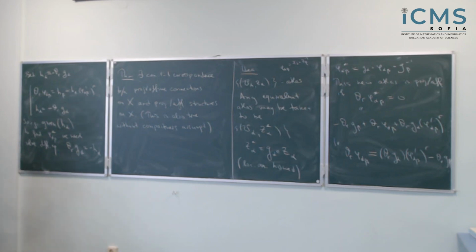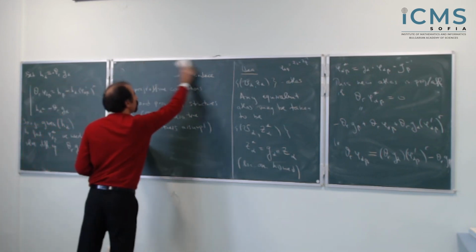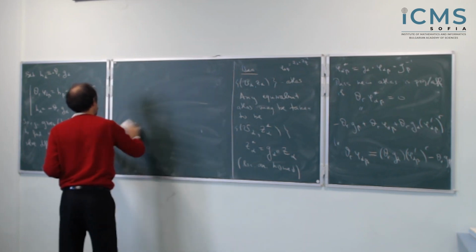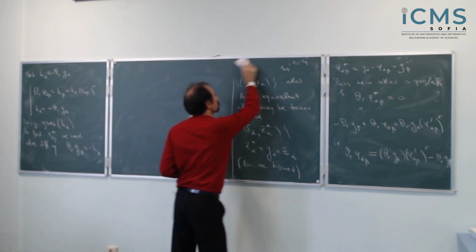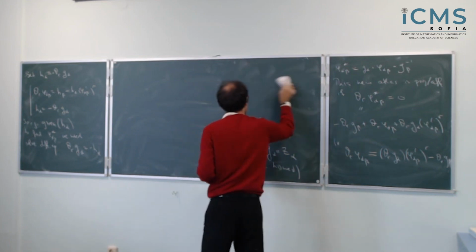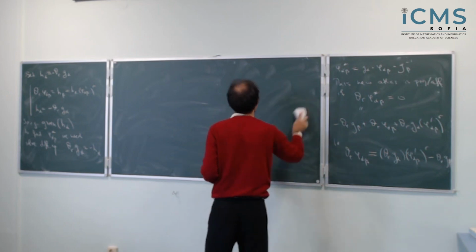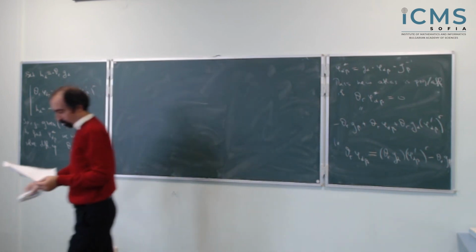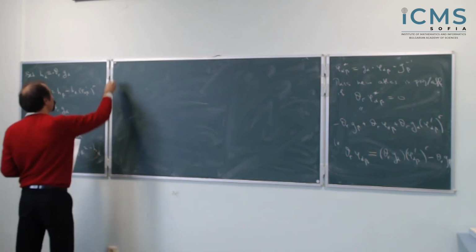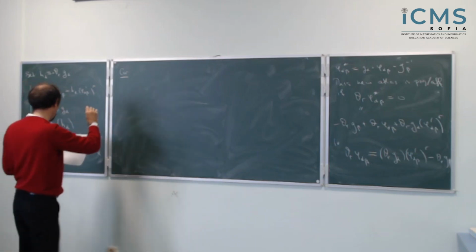So just a couple of immediate corollaries. So first of all, any open within a surface, let's say U, admits an affine structure.